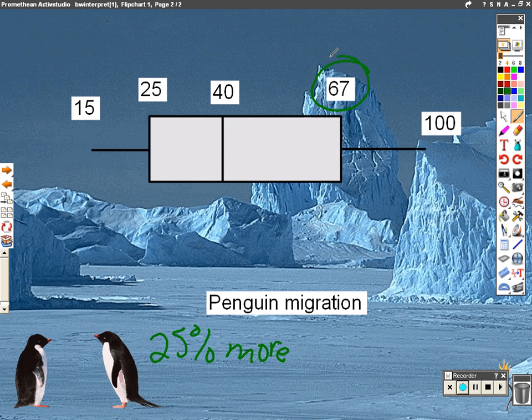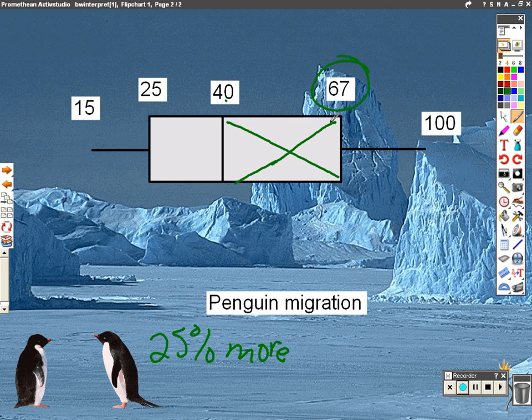Well, 50% is always your median. So 50% traveled 40 miles or more, or 50% traveled 40 miles or less. Now, put an X where you think the mean would fall. I hope you said here. So the mean's between 40 and 67.